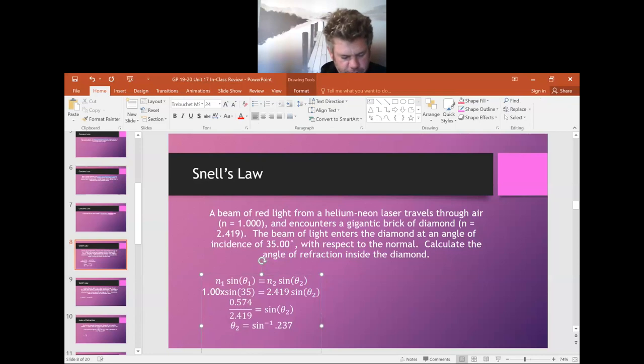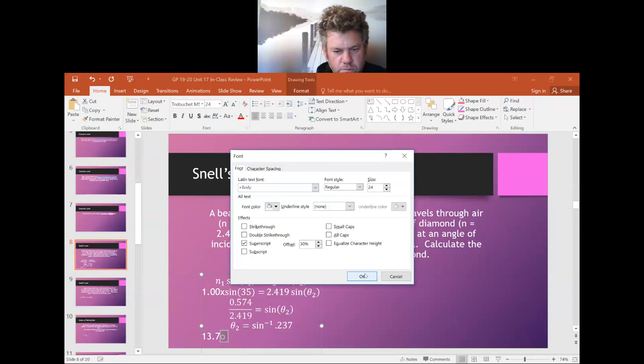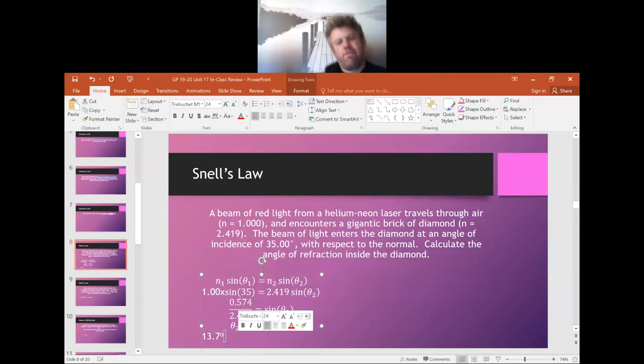I do that, and I find that theta 2 equals 13.7 degrees. So that's how we're going to find that one. Again, we took n1 times sine of theta, divided it by 2.419, took the sine inverse of that, and we found that theta 2 in this case was 13.7 degrees.